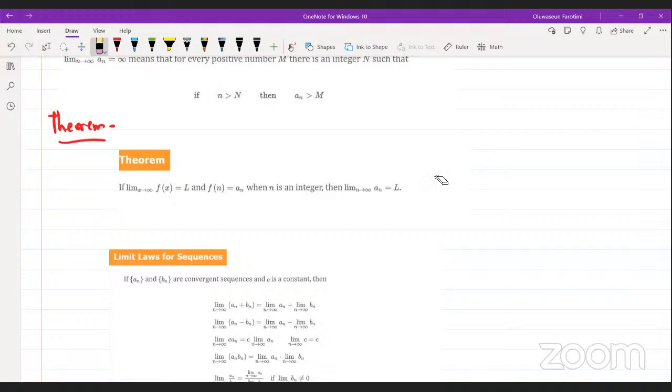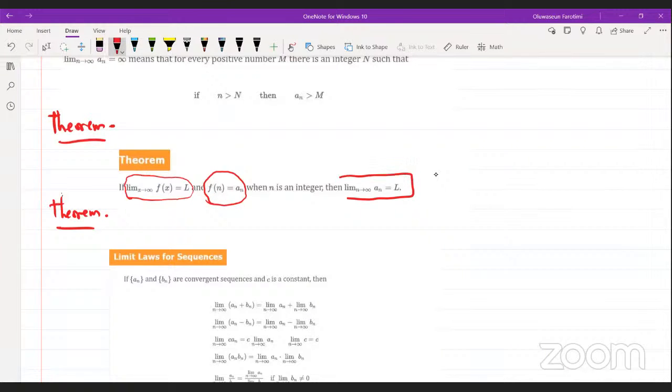Now, the first one is telling us that if I have the limit of a function, let me just write this. Now, this guy says that if the limit of a function f of x as x goes large is L, a number, and if this guy, f of n, produces the sequence, then this is true.